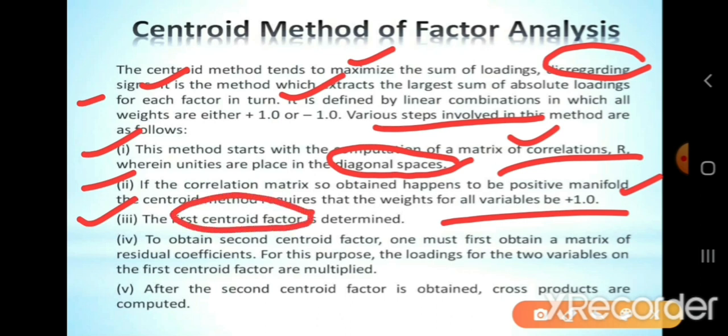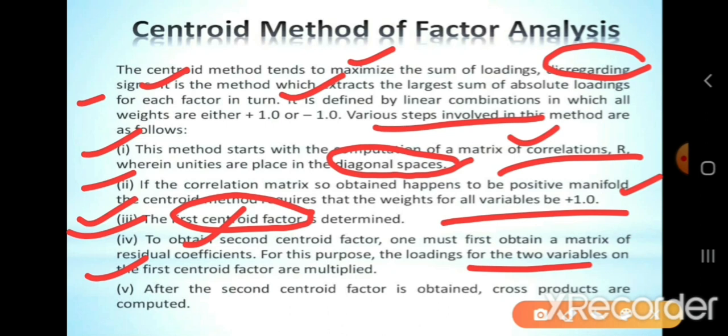Okay, next, to obtain the second centroid factor, we will determine the first residual coefficient matrix, and for this the loadings of the first two variables on the first centroid factor are multiplied.